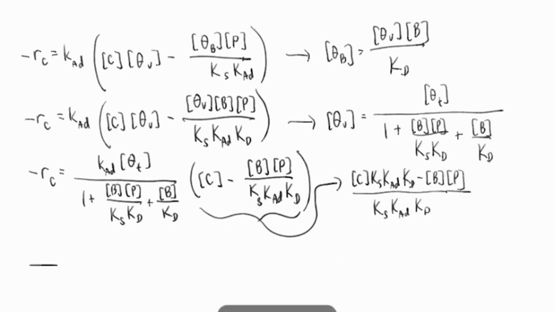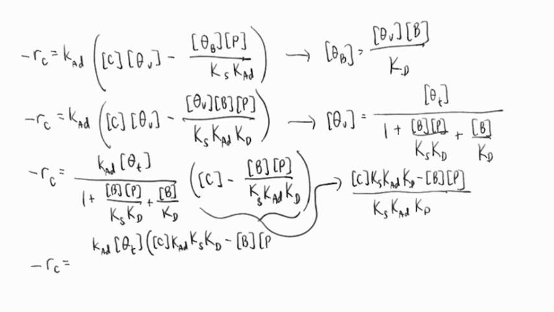We now have our net rate of consumption of cumene written as K adsorption times the concentration of the total active sites multiplied by the concentration of cumene, K adsorption, K surface reaction, K desorption, minus concentration of benzene and concentration of propylene.